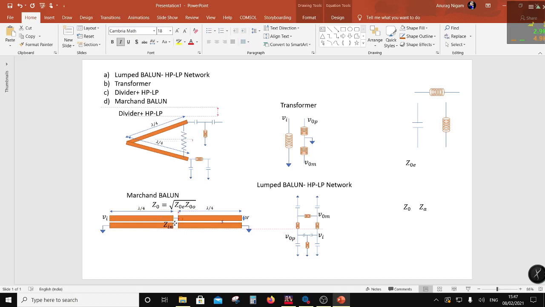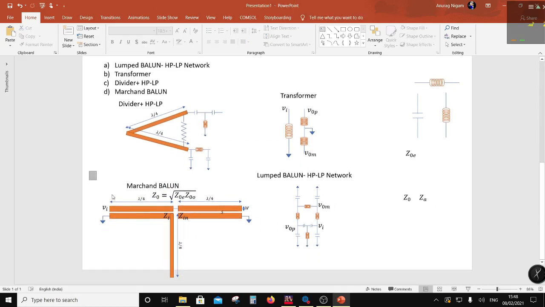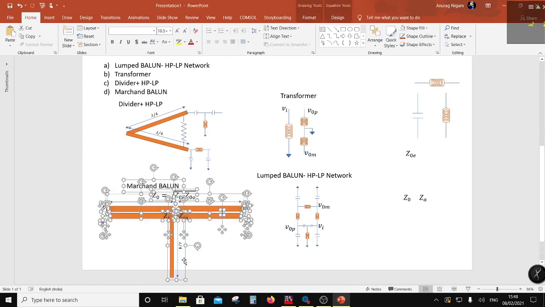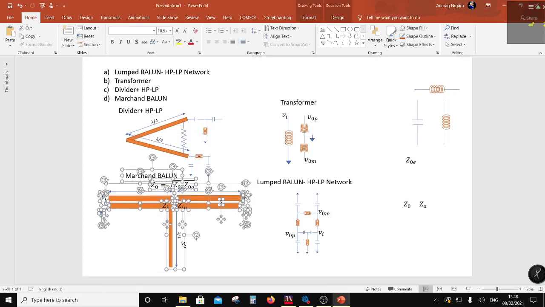The impedance seen over here would be Zin, and this will not be the same as Z0.